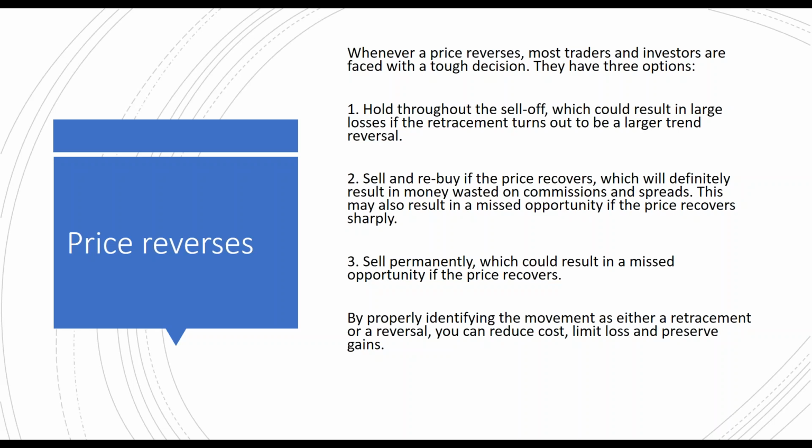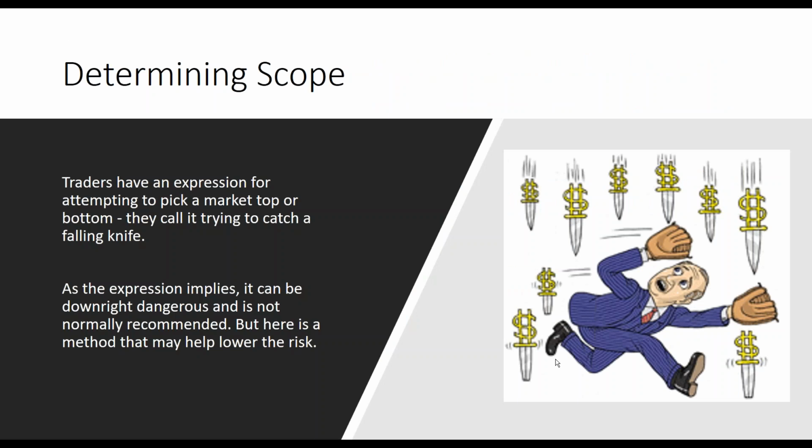This may also result in missed opportunities if the price recovers sharply. Three, sell permanently, which could result in a missed opportunity if price recovers. By properly identifying the movement as either a retracement or a reversal, you can reduce costs, limit losses, and preserve gains.